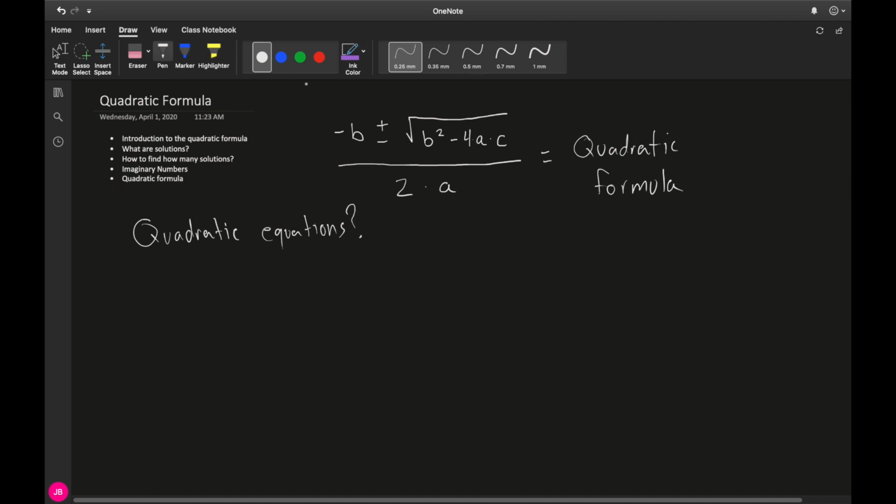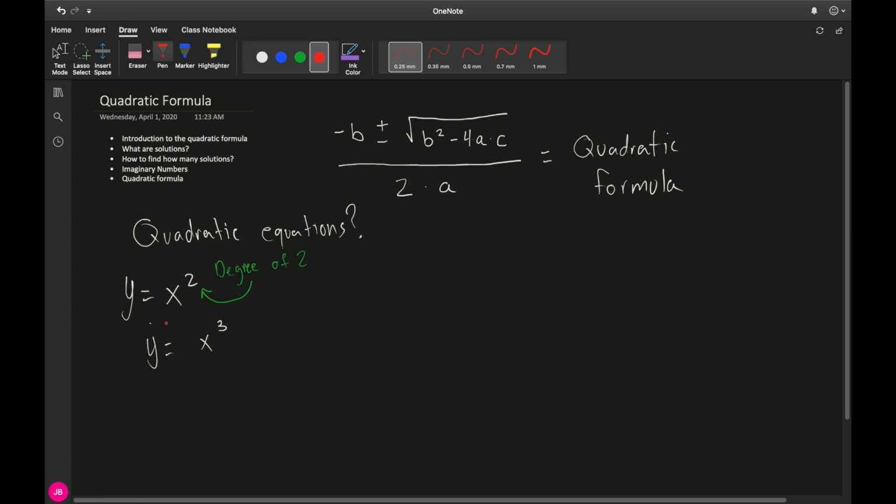So quadratic equations, if you will remember, are simply equations like y is equal to x squared that have a degree of 2. And remember, degree, we're referring to the highest exponent. So something like this, y is equal to x to the third power, is not a quadratic equation.